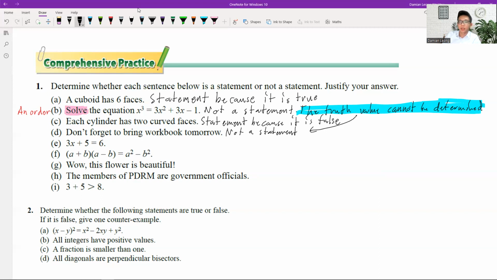There are numbers that when I put in, it will be correct, and others that will be wrong. If I put in 1/3, then it's correct, then it's true. But if I put anything other than 1/3, it's false. So I cannot actually determine whether it's true or false. So equations with a variable are not statements as well.